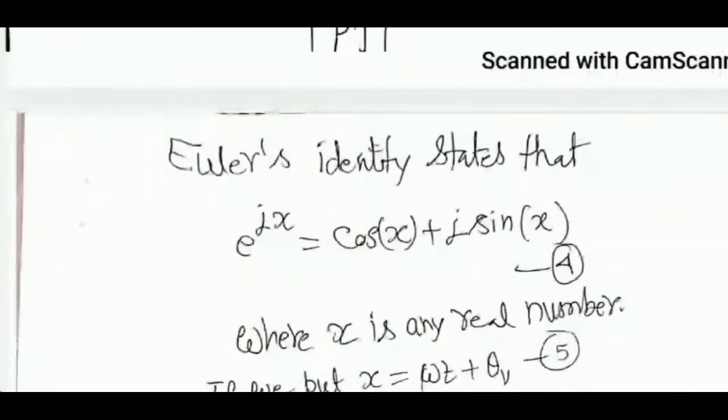I'll get e to the power j of omega t plus theta v equal to cos of omega t plus theta v plus j sine of omega t plus theta v. That means cos of omega t plus theta v is the real part of e to the power j of omega t plus theta v. I'm writing it down.